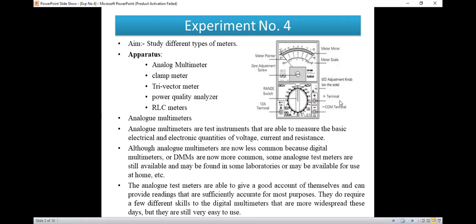Suppose we want to measure voltage from 0 to 200 range, so I set the range switch to 200. At that situation, when it is connected, the needle or meter pointer will show the actual value. So skill is necessary to read that value.